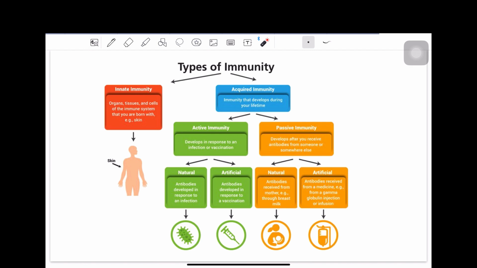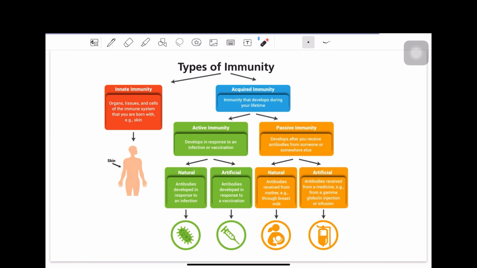Innate immunity is something that we are born with, so that is why it's called innate immunity. For example, our skin, the organs, tissues and cells of the immune system, which we are born with, and the immunological mechanisms with which we are born. That is the innate immunity.